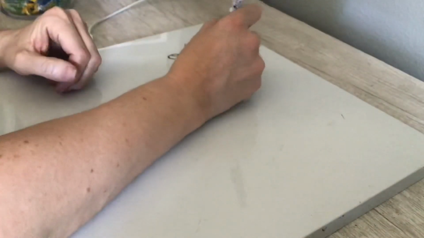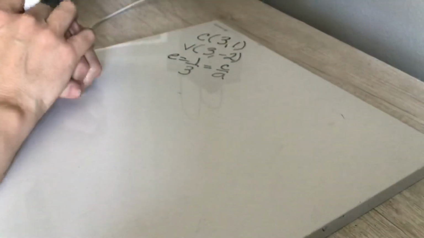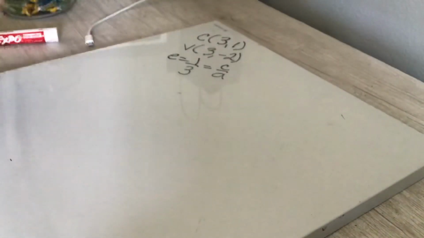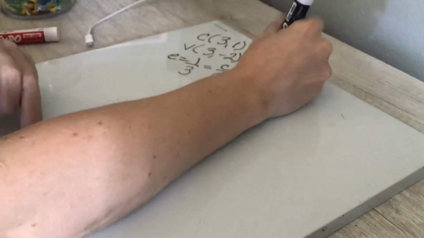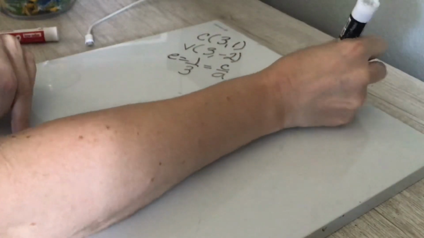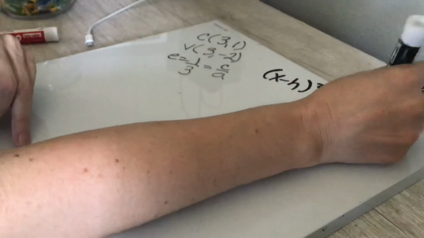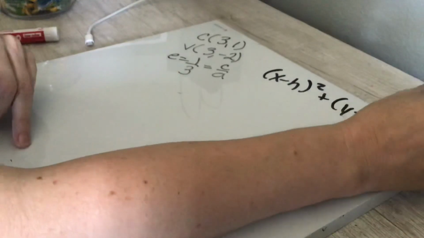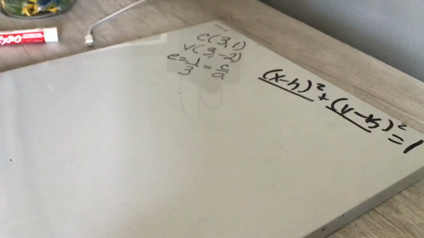Okay, this tells us that this is c over a. So thinking about an ellipse in standard form, it's always x minus h squared plus y minus k squared equals 1, and then depending on which way it opens, that tells you where a and b should go.